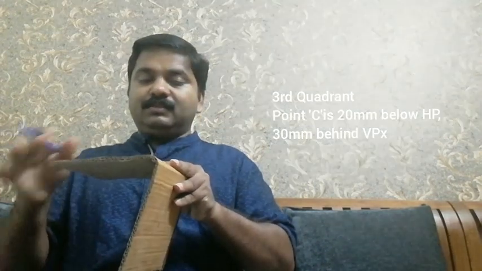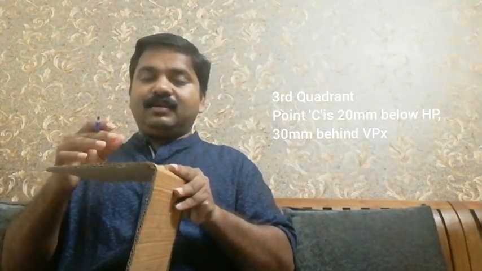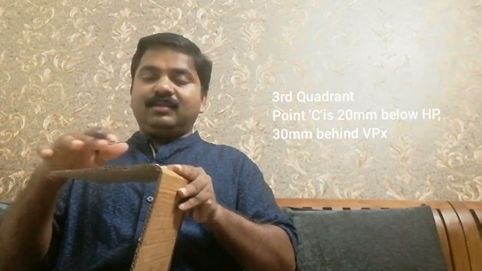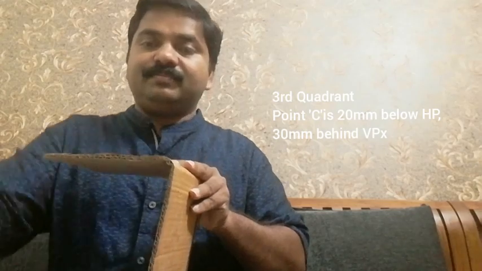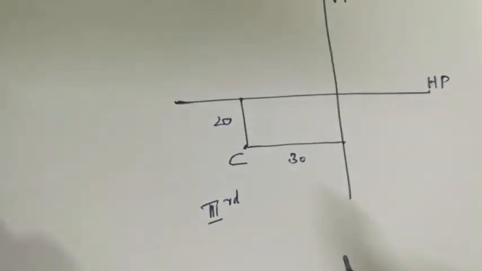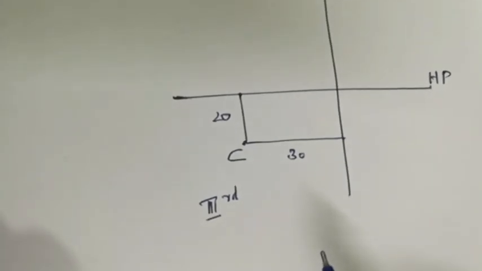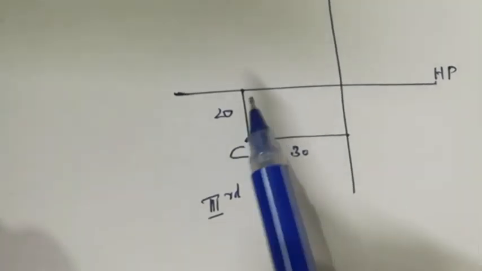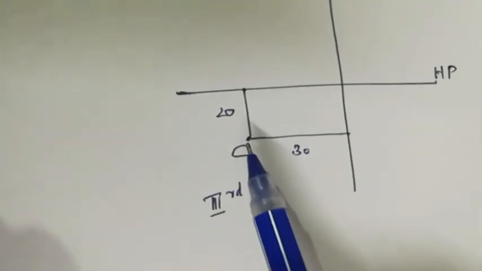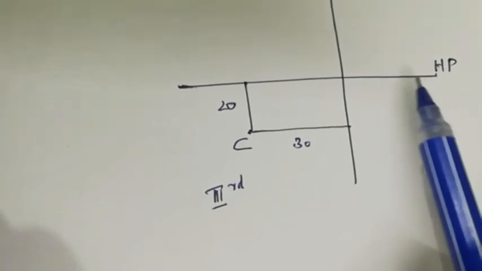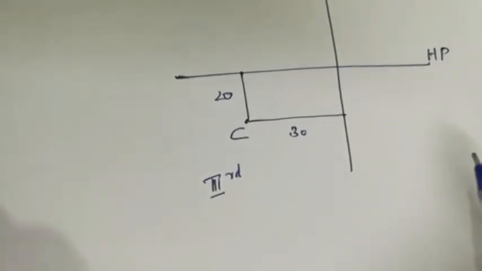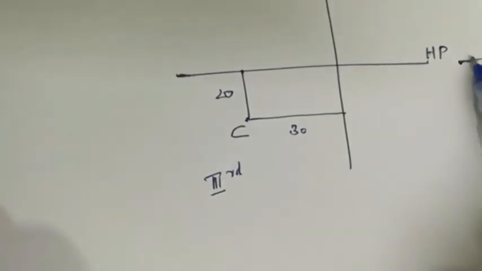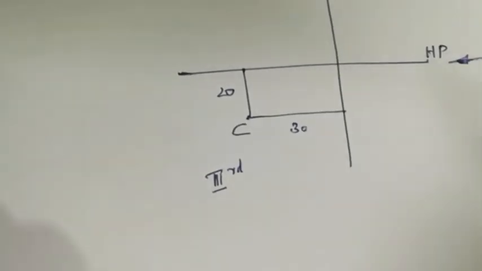Moreover, these planes are transparent and having zero thickness, so any point situated in any quadrant can be viewed from anywhere. Suppose now the point is in the third quadrant, that is 20 mm below HP, this is HP, and 30 mm behind VP, because the person will always be looking from this direction.